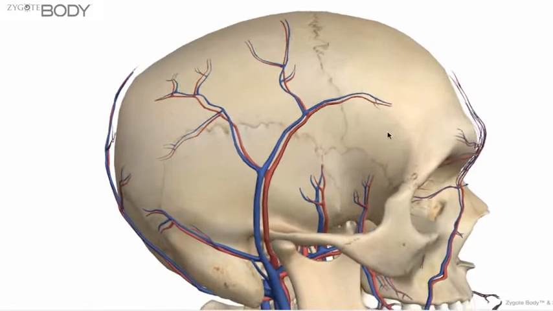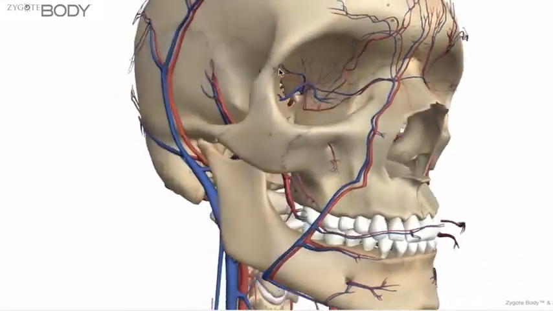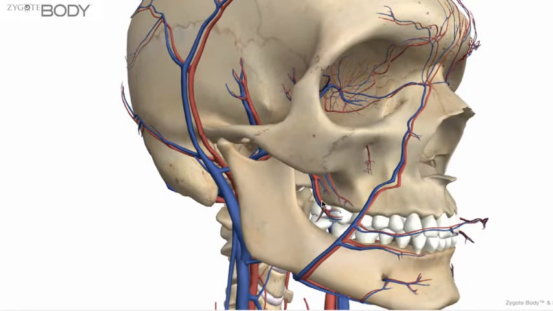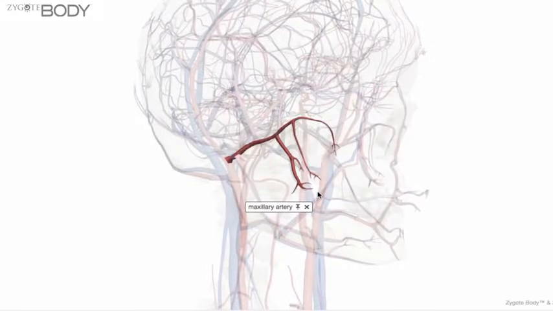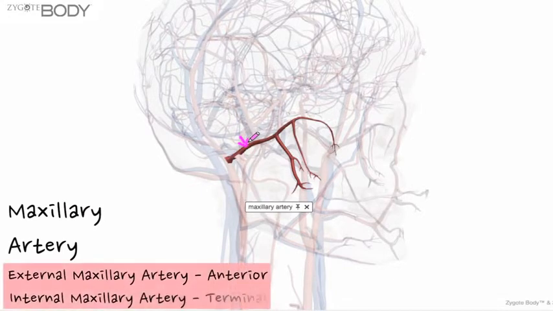And the next artery that we're going to look at here, let me try to isolate it, there we go. This is the final terminal branch of the external carotid, and this is the maxillary artery, which is this artery here. And this is a terminal branch, while the external maxillary artery rises more anteriorly.